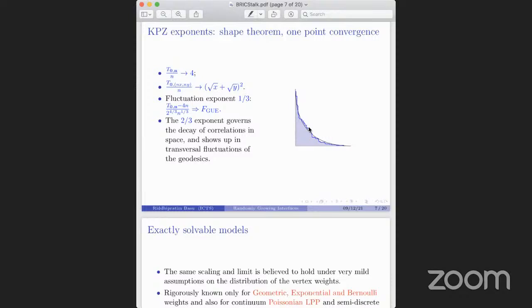So what you can think about intuitively is that there is this parabola which is a deterministic function, and on top of it there is randomness.